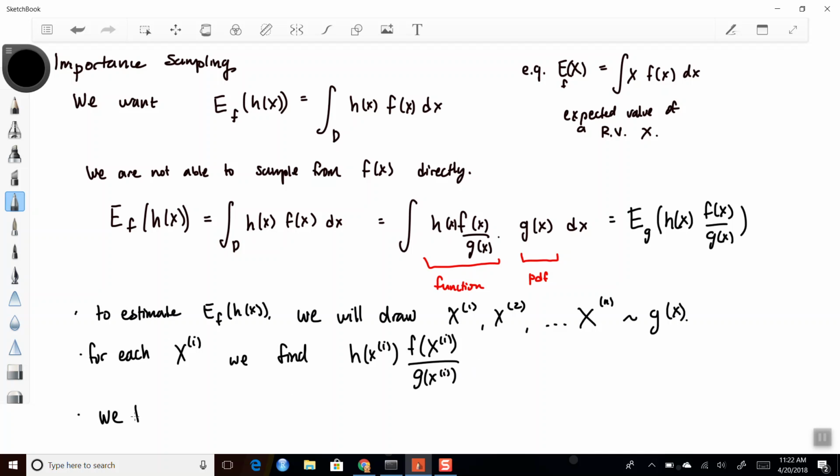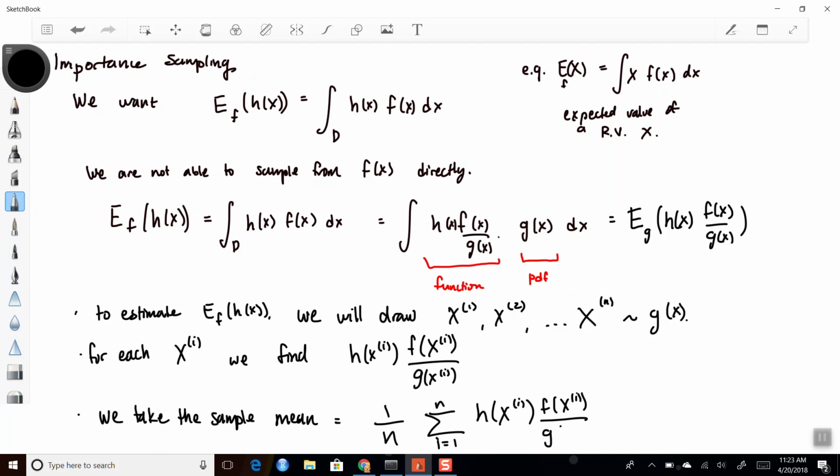And then we take the sample mean. Okay, so we get just 1 over n times the sum from i equals 1 to n of that, and this is our estimator for this thing. Okay.